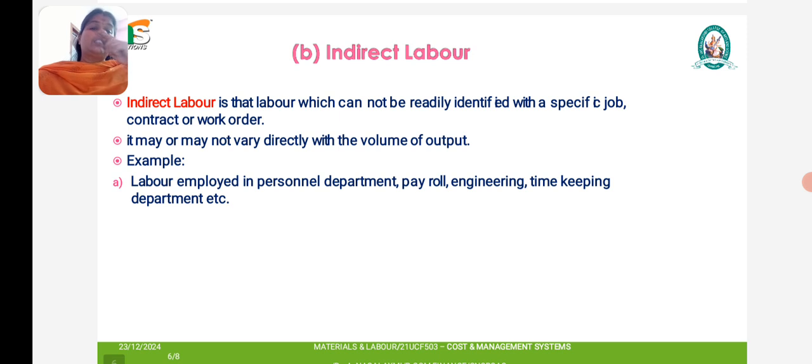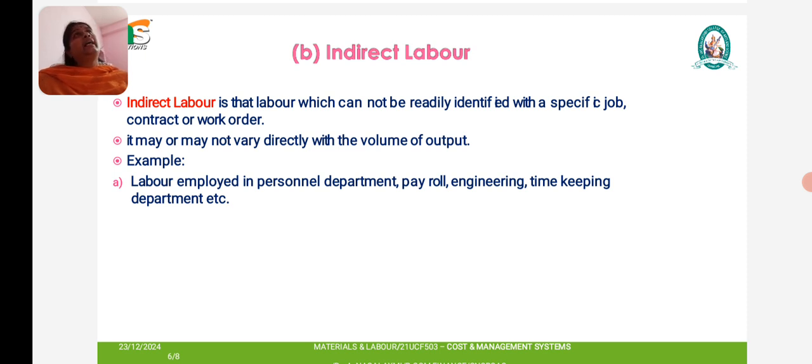Indirect labor. Indirect labor is the labor which cannot be really identified with a specific job, contract or work order. It may or may not vary directly with the volume of output. Sometimes it will vary with the volume of output, sometimes it will not. Example, labor employed in the personnel department, payroll, engineering, timekeeping department.